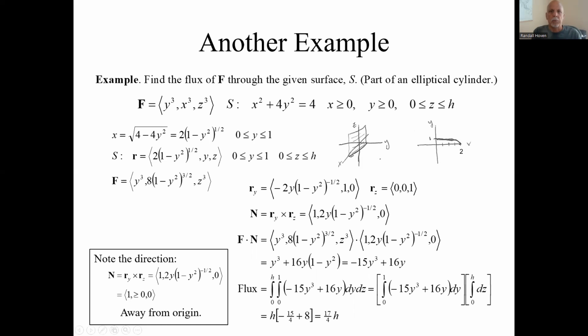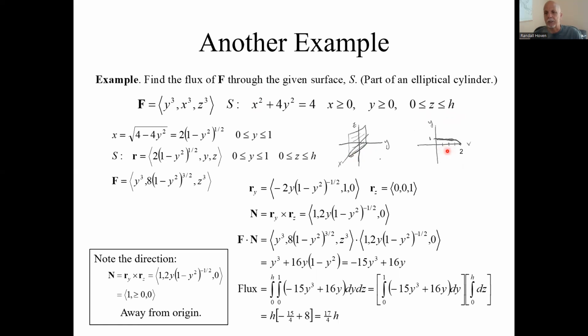Let's do another example. Here's our vector field, and here's our surface. This thing in terms of x and y, where x and y are both positive, and then the z goes from 0 to h. You try to draw it, it might be something like this. This is, I believe, an ellipse in the xy plane.